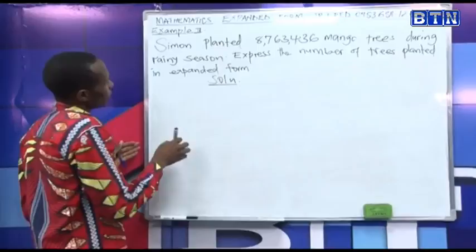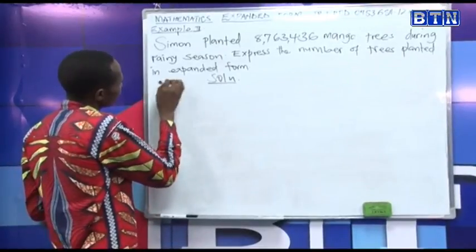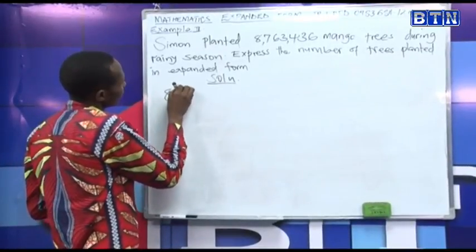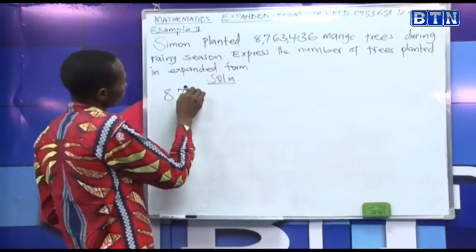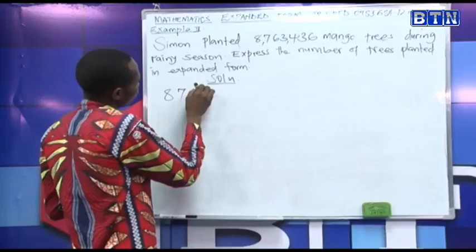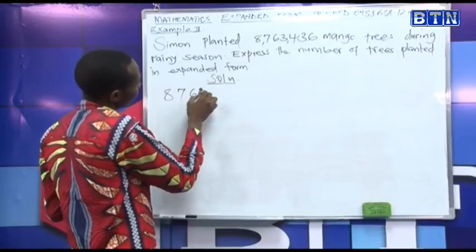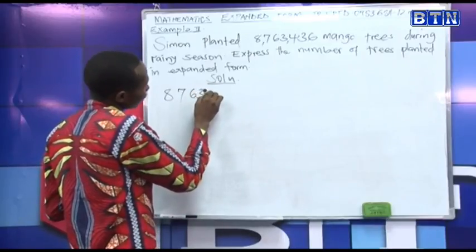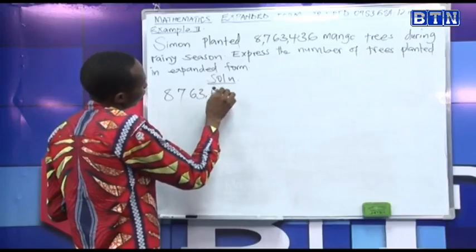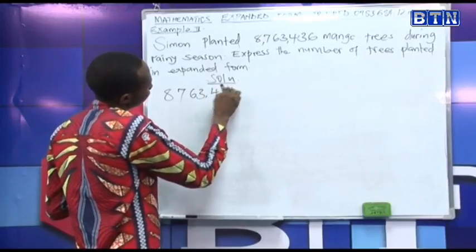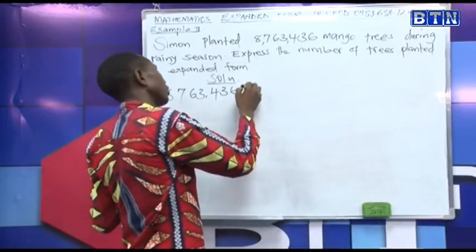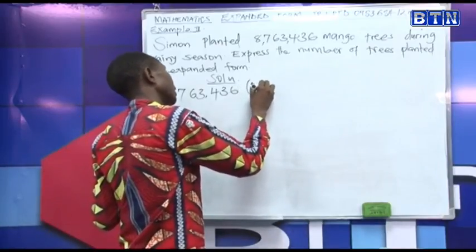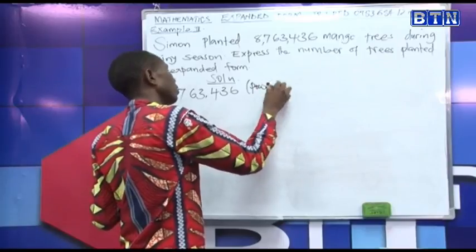Sometimes we call it exponent or powers. So I'll first copy my question as 8,763,436. I want us to use powers. I'm going to first use powers, then later on we'll see what to do.